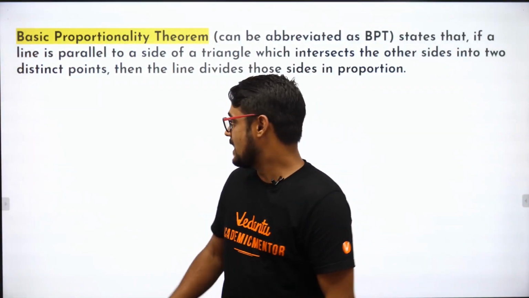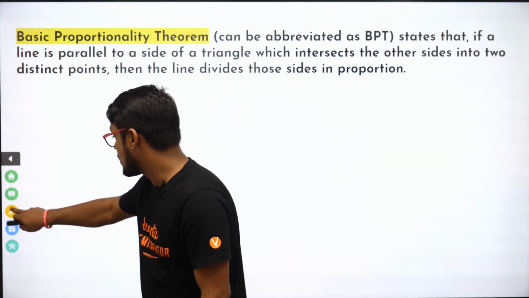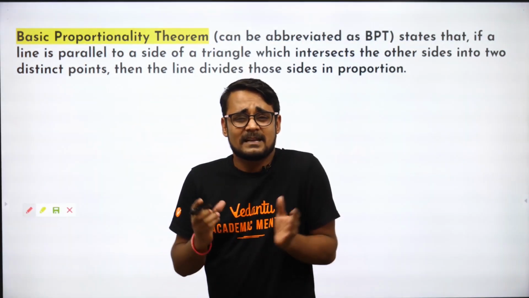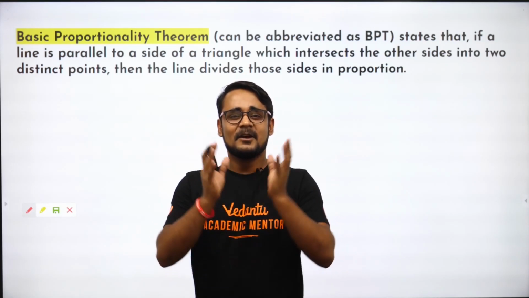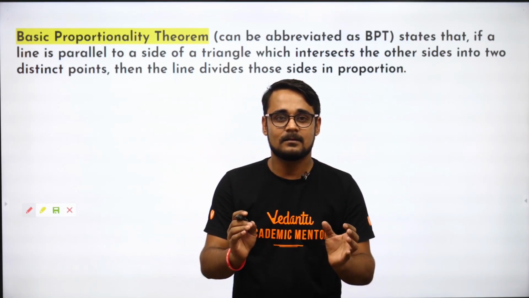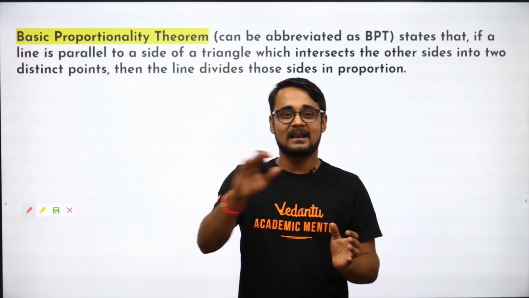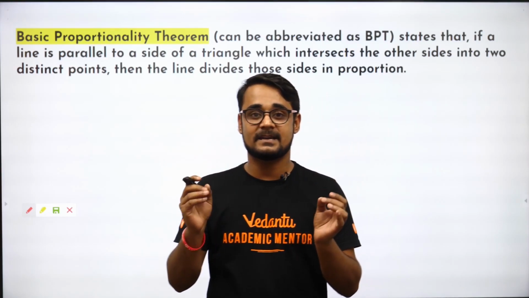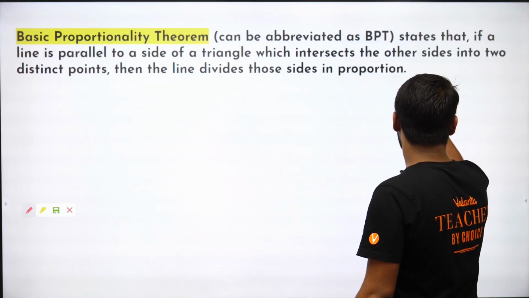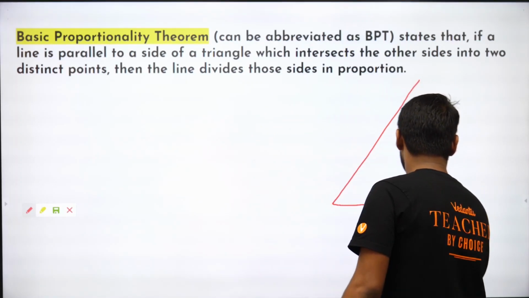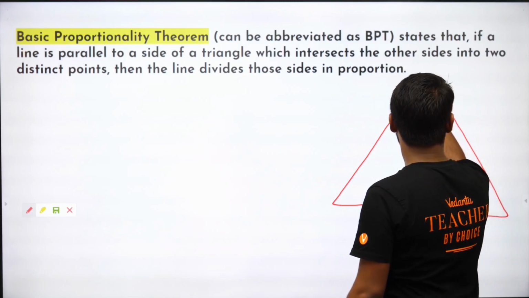Moving forward, I am now going to prove Thales theorem in front of you. What is Thales theorem? In Thales theorem, you have to look after one thing. You will be given one triangle and there will be one line parallel to its base. What is that? Let's do it together. This is the triangle ABC.